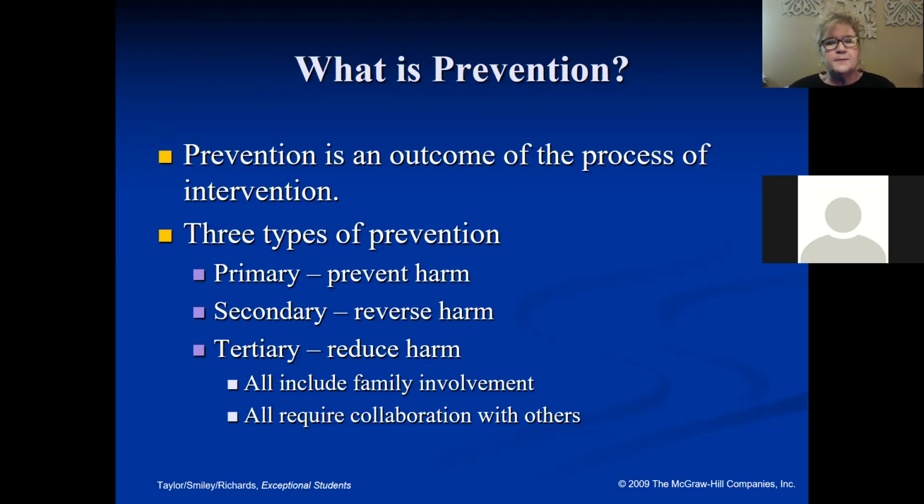And so we need to remember these three types of prevention and where we fit in along this continuum, particularly when we're working with populations in poverty. Oftentimes there's just not a support system there where the families of children have ever been taught ways of parenting appropriately.